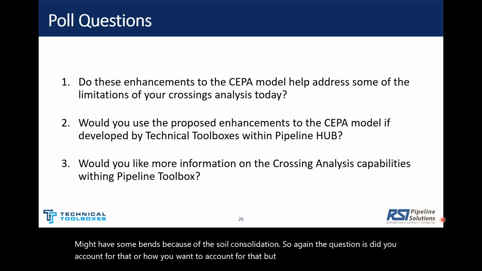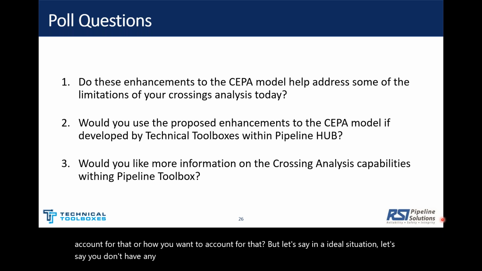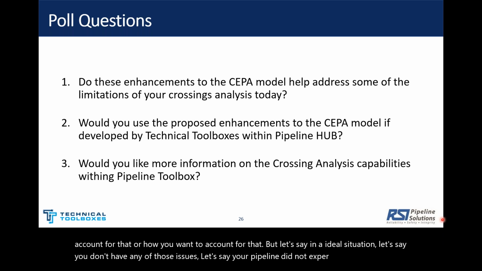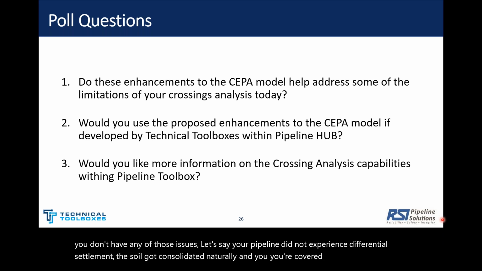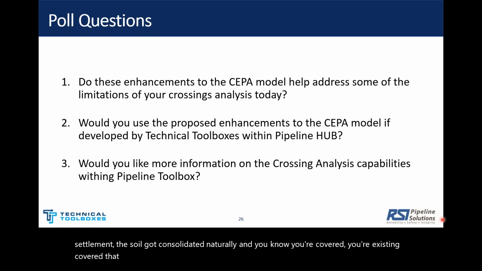But let's say in an ideal situation, you don't have any of those issues. Let's say your pipeline did not experience differential settlement, the soil got consolidated naturally, and you know your existing cover depth. You can use a higher E prime value and a higher bedding angle for your analysis.